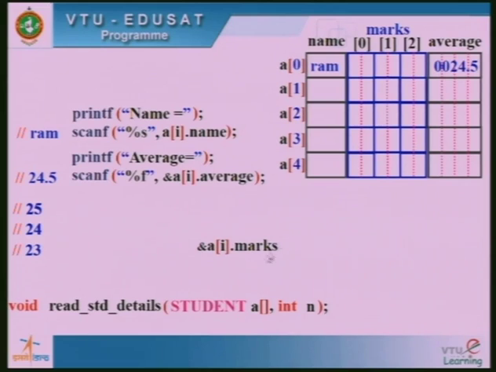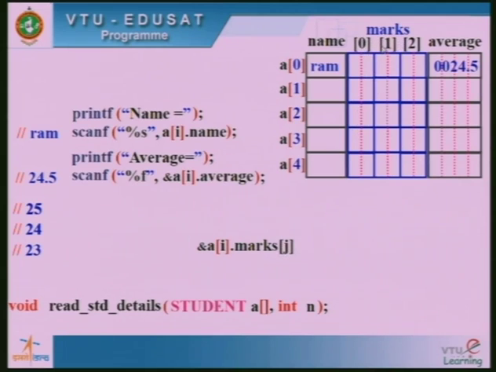Now, how is it possible using marks? So how can you access this field and this field? Using the subscript 0, 1 and 2. So instead of using 0, 1 and 2, in general I write j here. What is the subscript value? The subscript value can be 0, 1 and 2. So instead of using 0, 1 and 2, in general I can write j. What can be the initial value of j? 0.